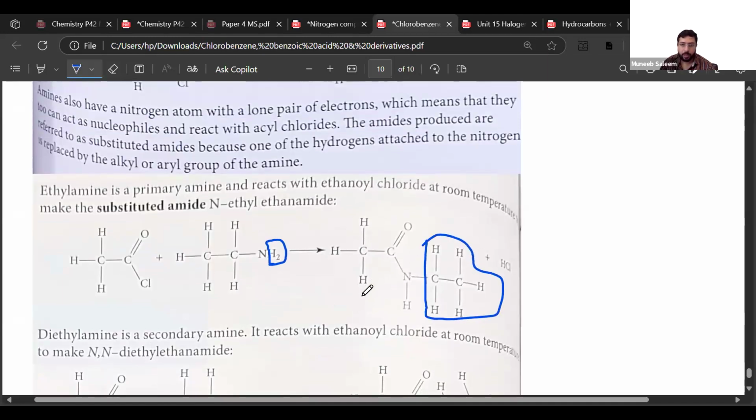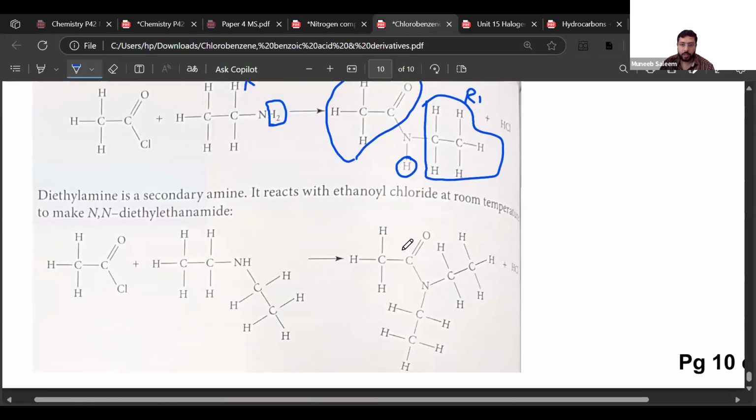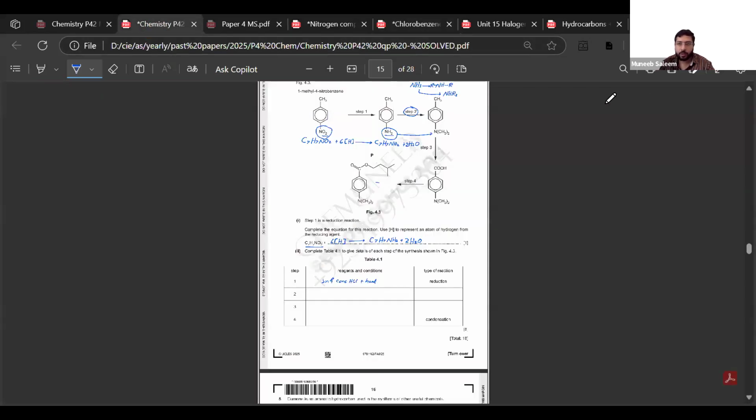This is one alkyl group and this is another alkyl group along with one hydrogen atom. So one alkyl group is now converted into two alkyl groups, R1 and R2, which can carry it forward with a similar type of acyl chloride compound, and this time the nitrogen is bonded with three alkyl groups.